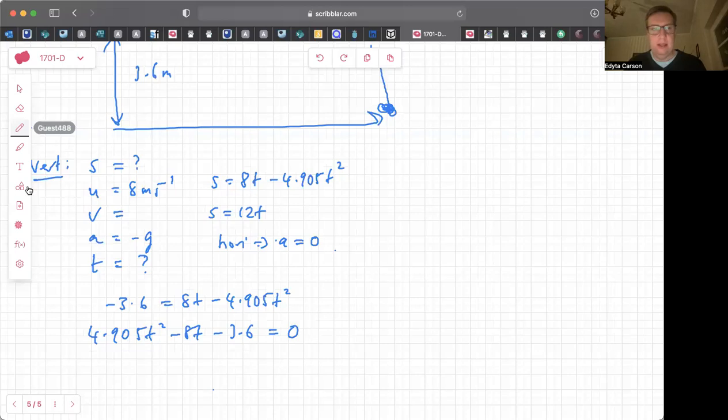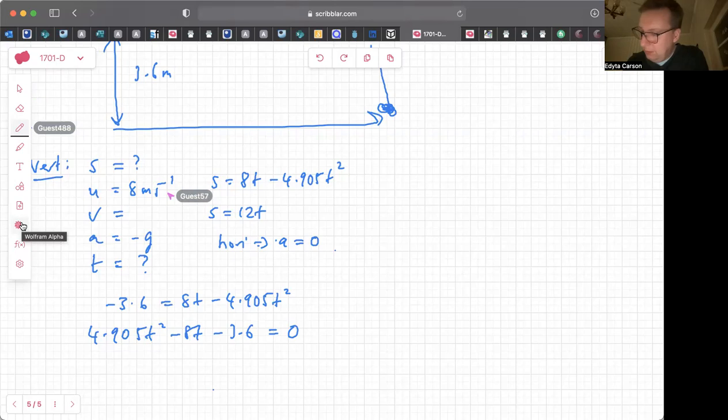I forgot about good old Wolfram Alpha. Okay, so share that, and just going to stick that into quadratic.